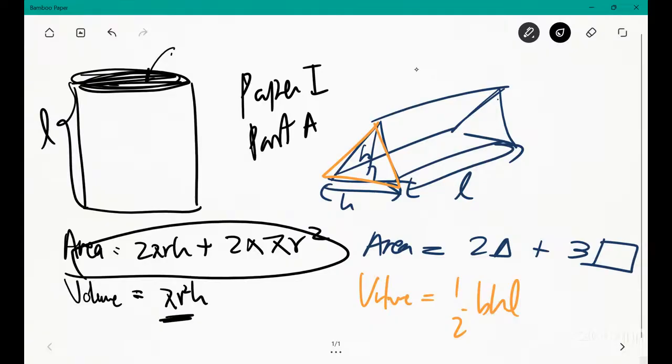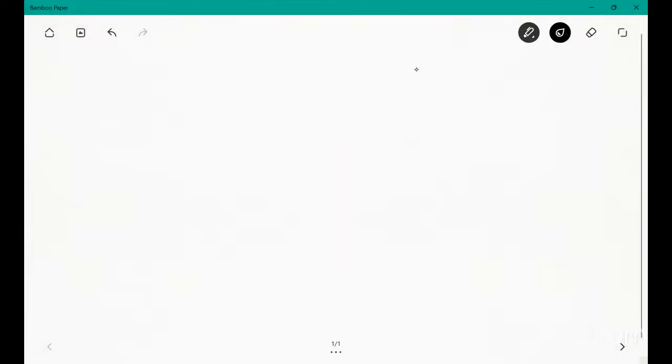So in your O-level questions, the question is usually not very direct. They'll give it to you in different ways. They don't directly give you just here is your area, find the radius. No, they tell it to you in very different ways. So let's say your area of a triangular prism.